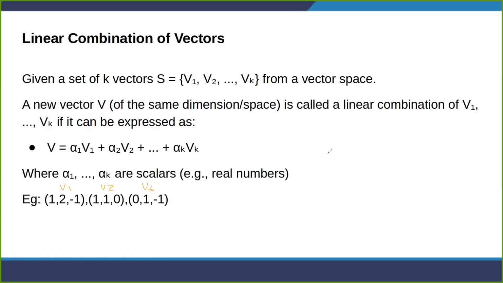If we want to put this in this formula, then there is alpha 1 times (1, 2, minus 1), alpha 2 times (1, 1, 0), and alpha 3 times (0, 1, minus 1).